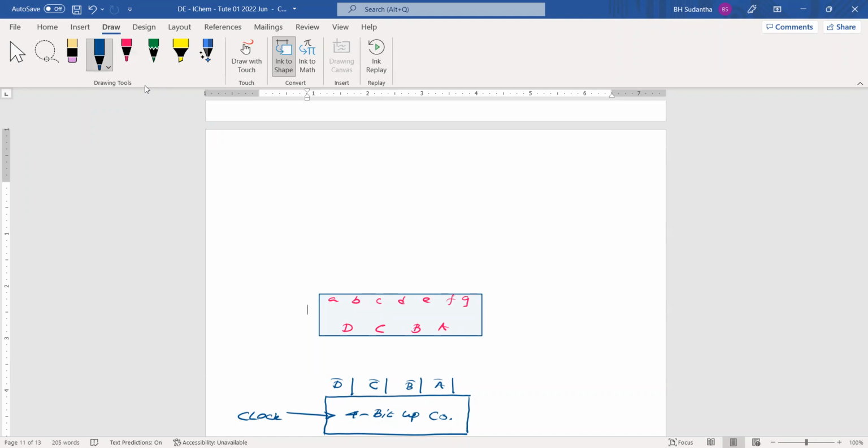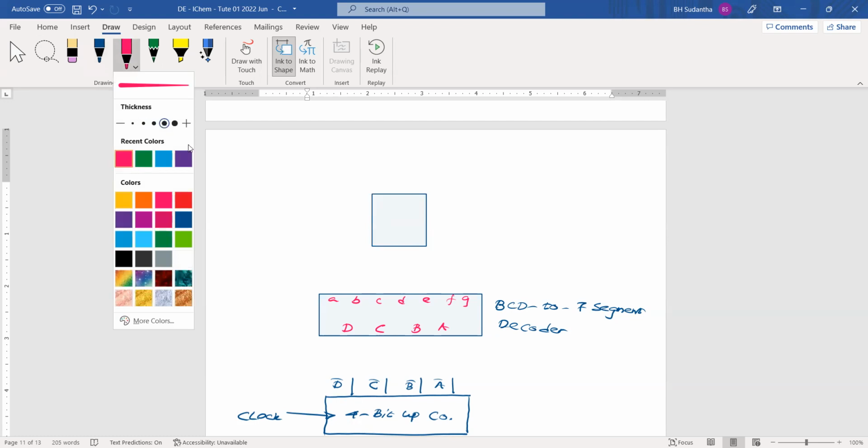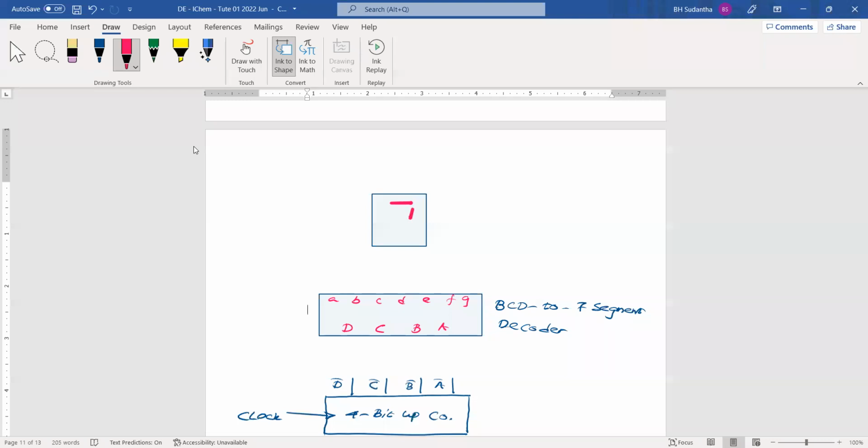This is the BCD to 7-segment decoder, and here we have our display, like this.